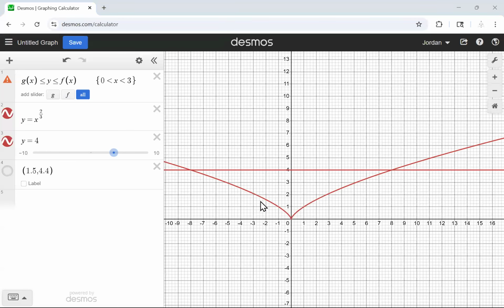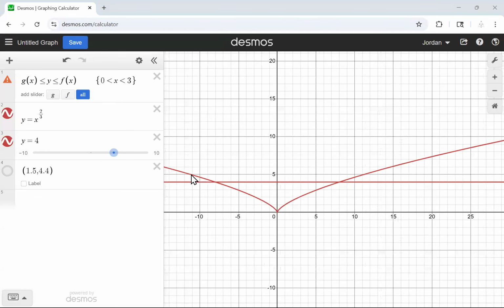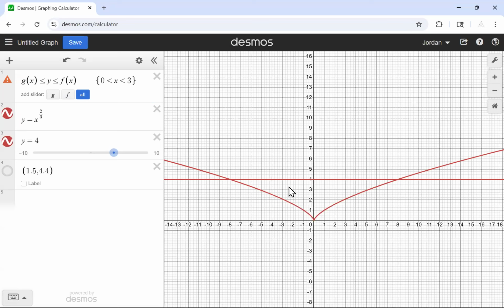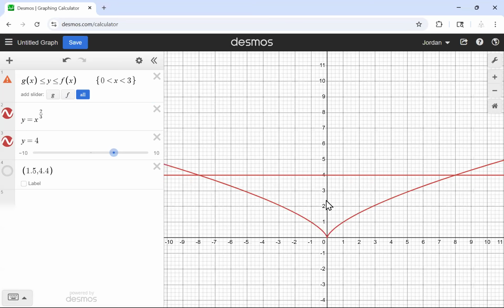Now, if we graph this, what we'll see is y equals x to the 2/3 power is this shape. We've seen that shape already. And then y equals 4 is this horizontal line. So the closed bounded region that we're looking at is the interior of this.